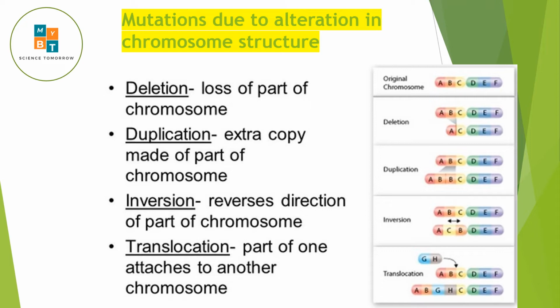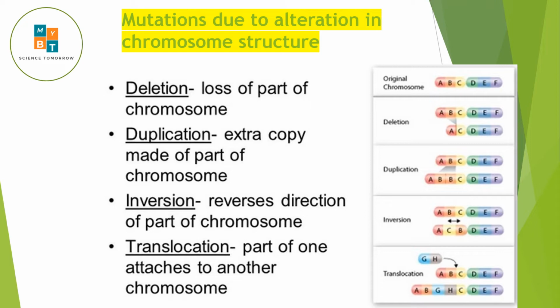Here it is interesting that the structure of the chromosome will be different. If you take the original chromosome as in this picture, it is A, B, C, D, E, F. So first we discuss deletion. In deletion, you will have loss of part of the chromosome.